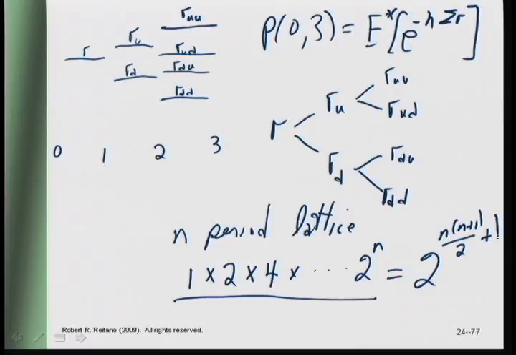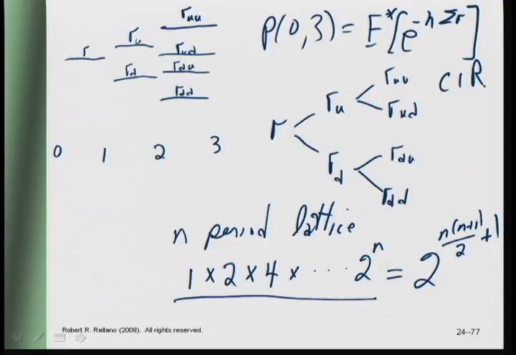Maybe it's that plus 1. Right, but I'm just adding the exponents of 2. So it's a pretty big number when n gets big, and there's a lot of work here to do this lattice accurately.